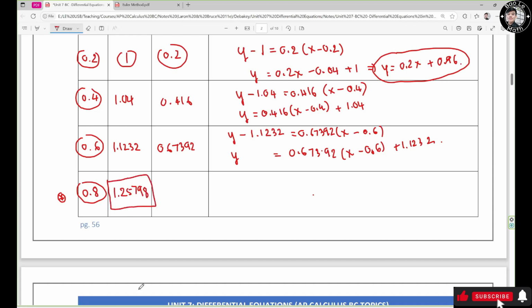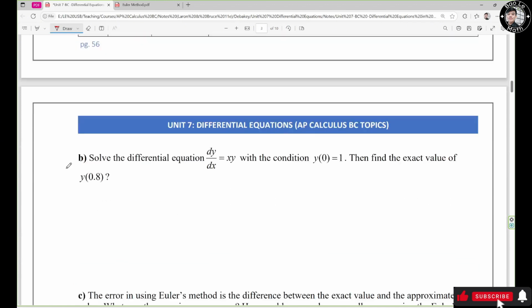This is your answer. Now, question B, solve the differential equation dy over ds equals s times y with the condition y of 0 equals 1, then find the exact value of. Now, from this equation, I'm going to copy over here, so I have dy over ds equals s times y, right?